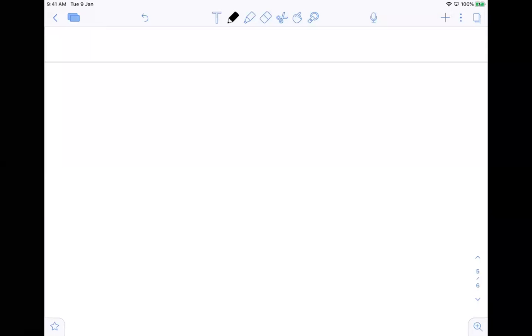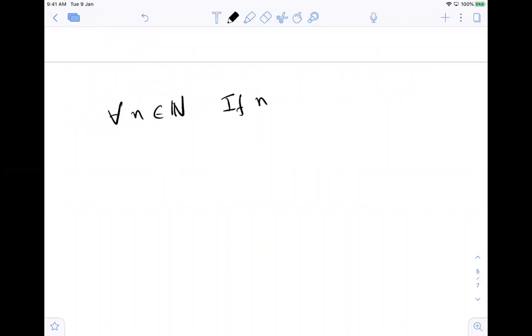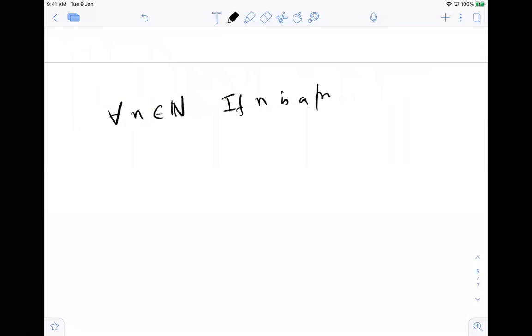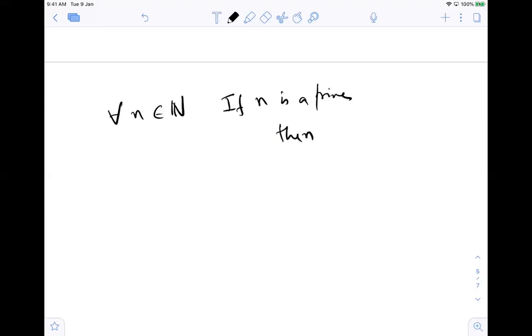So something like: for all n in natural numbers, if n is a prime and n is odd, then n squared minus 1 is divisible by 8.